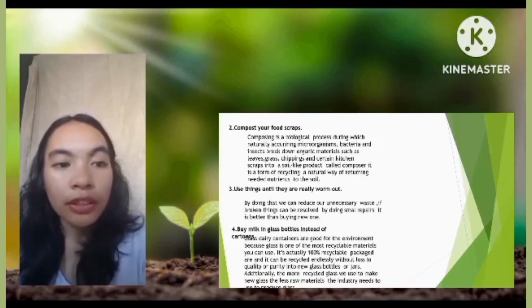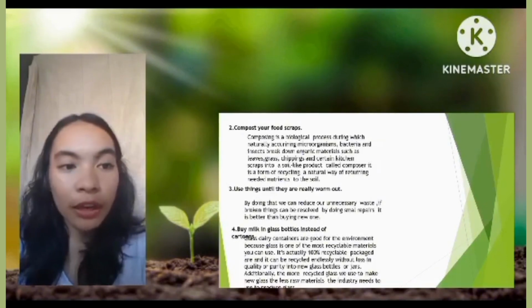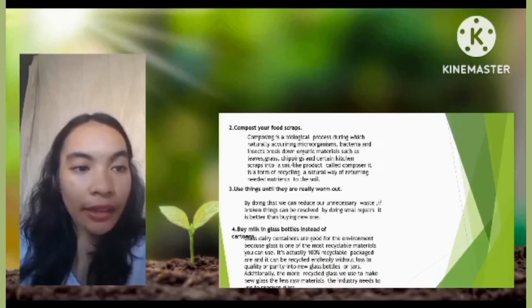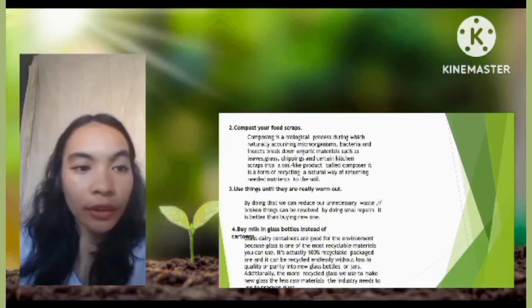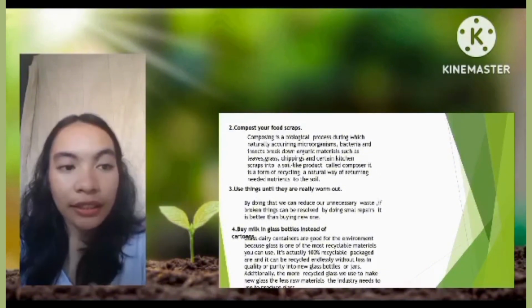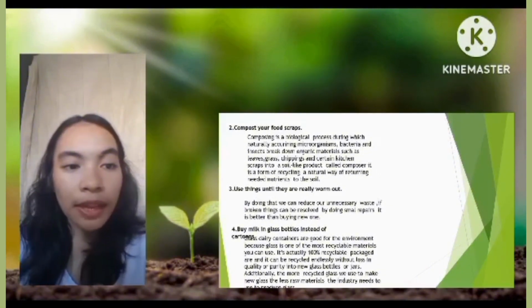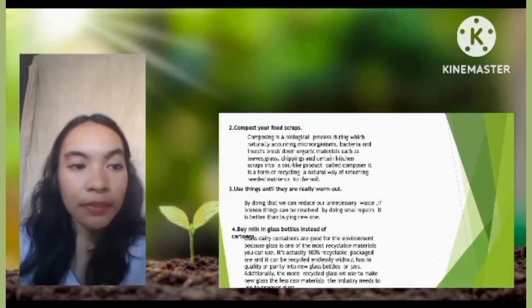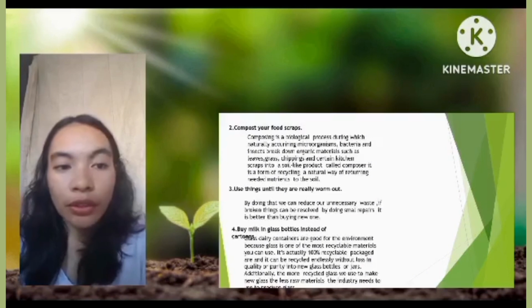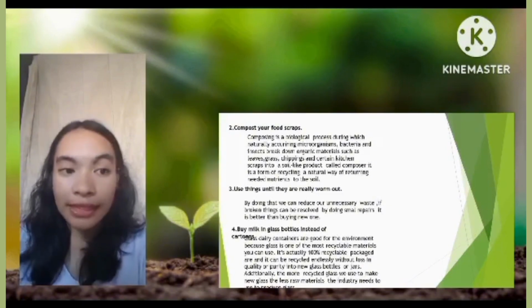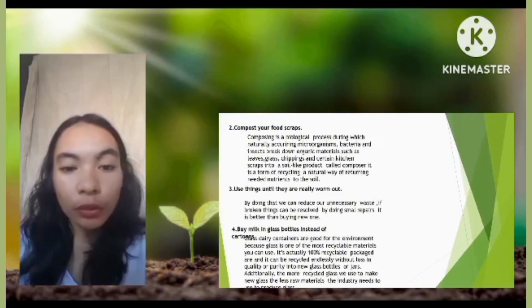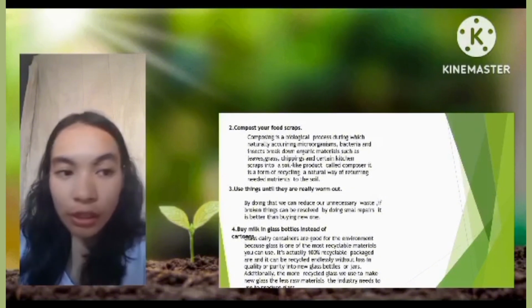Composting is a biological process during which naturally occurring microorganisms, bacteria, and insects break down organic materials such as leaves, grass, trimmings, and certain kitchen scraps into a soil-like product called compost. It is a form of recycling, a natural way of returning needed nutrients to the soil.